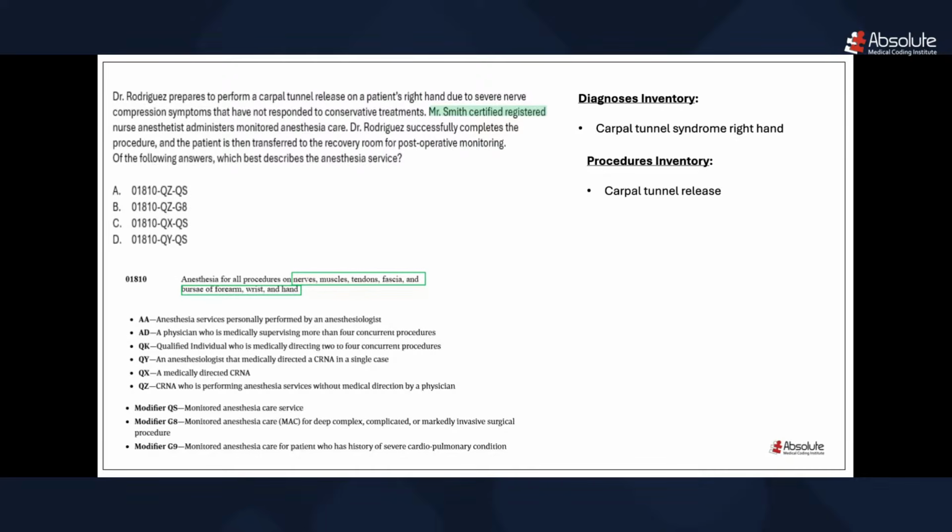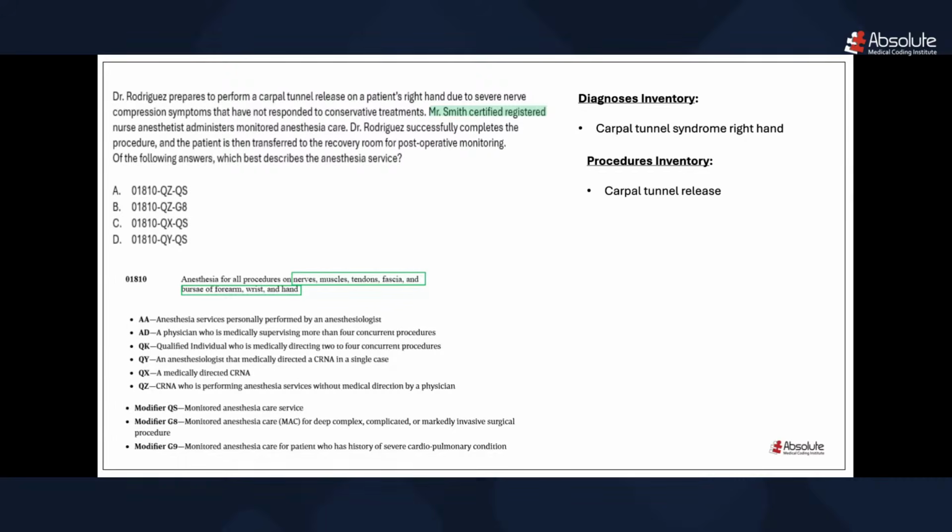Okay, so let's have a forensic look into our scenario. Mr. Smith, a certified registered nurse anesthetist, administered the monitored anesthesia care, right? So it's a CRNA who administered the monitored anesthesia care, or MAC. And was the CRNA medically directed?